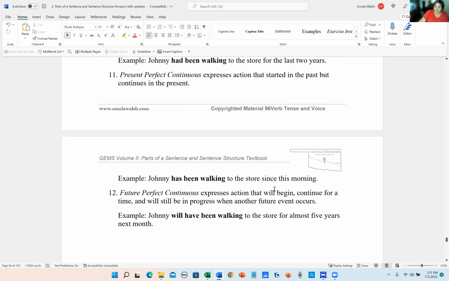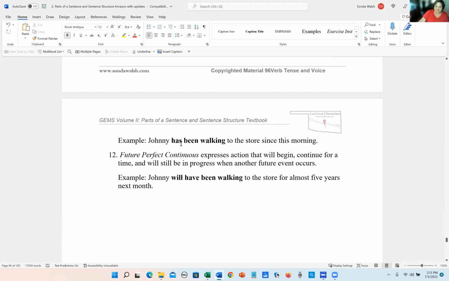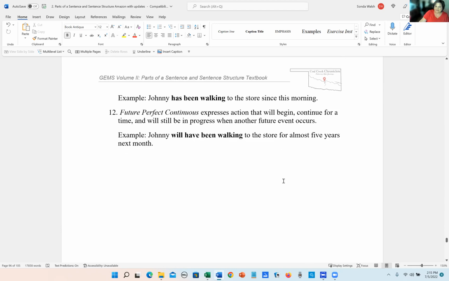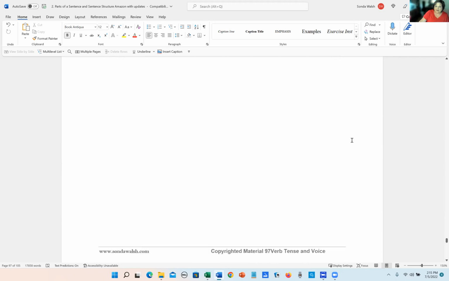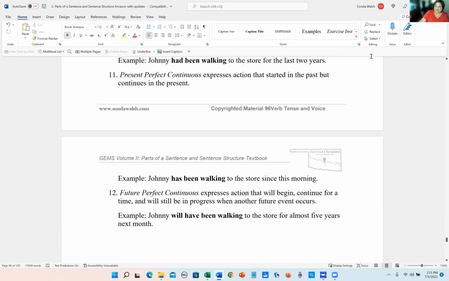Johnny has been walking to the store since this morning. That means he's still walking to the store. It's a long walk. And number 12, future perfect continuous expresses action that will begin, continue for a time, and will still be in progress when another future event occurs. Johnny will have been walking to the store for almost 5 years next month. So that is an overview of the tenses. So I will come back and we will see what we can do about the tenses here.